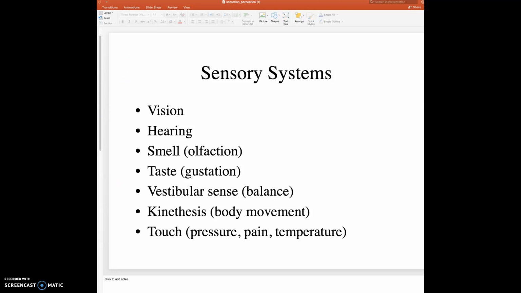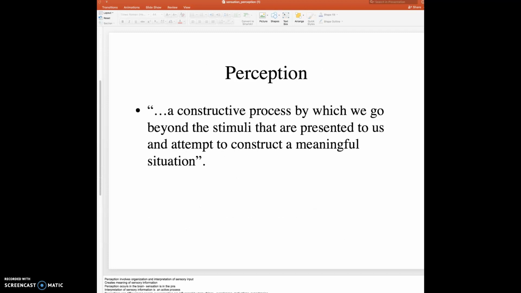Now, let's look at what perception is on the other hand. Perception, the textbook says, is a subjective interpretation of that sensory information. So once you get that sensory information, perception happens in the brain, where you're interpreting that sensory information.